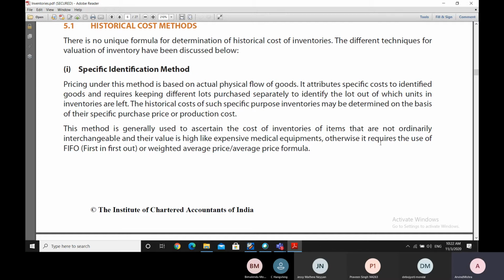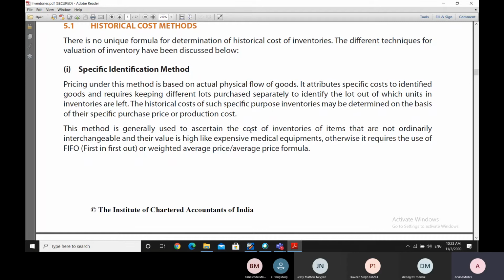Otherwise, it requires the use of FIFO or weighted average price formula. Because if there are expensive medical equipments, or high priced equipments which are not interchangeable, then we can use the specific identification method.